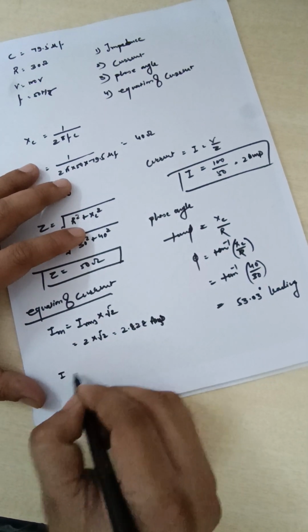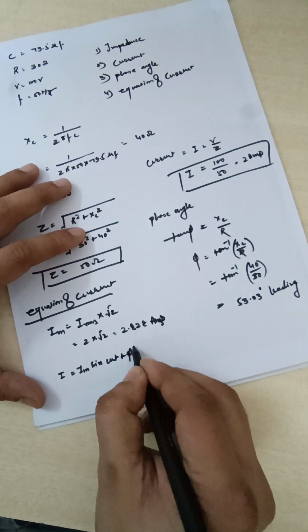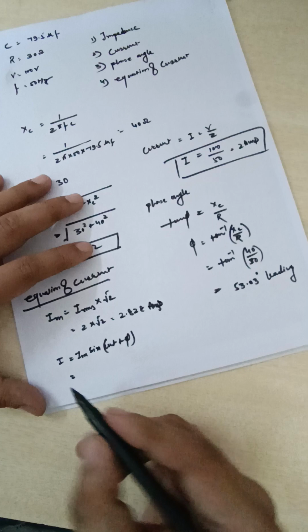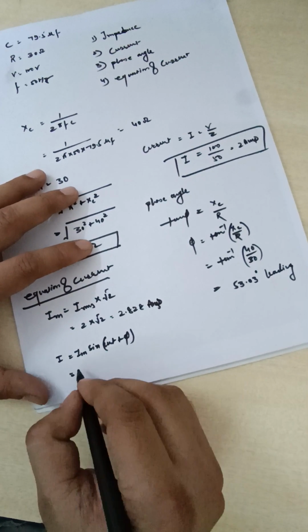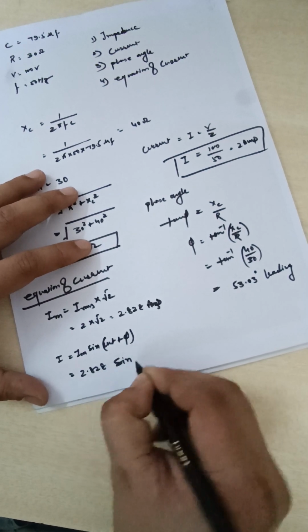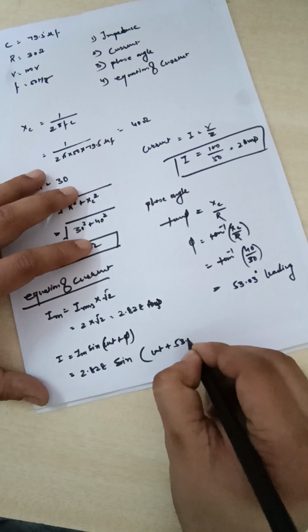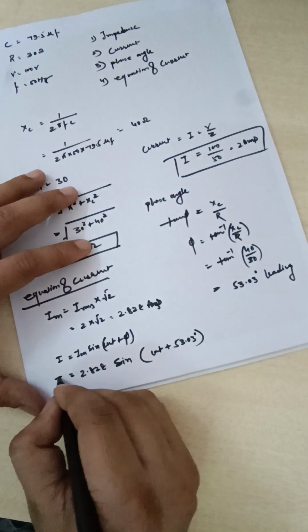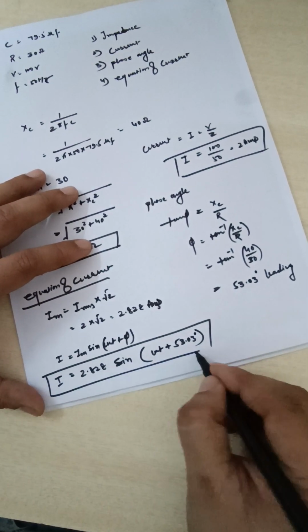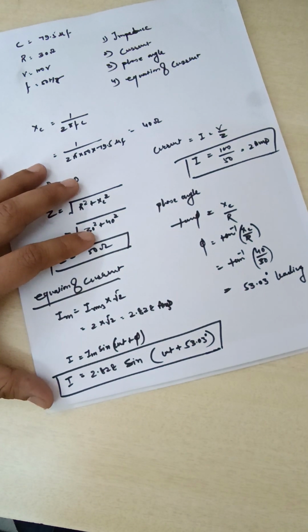So I equal to Im sine omega t plus phi, in a resistive and capacitive series circuit. So Im is 2.828 multiplied by sine omega t plus 53.03 degree. This will be the expression for the instantaneous value of current. When you get the value of time, you can calculate the value of current at that instant of time. Clear?